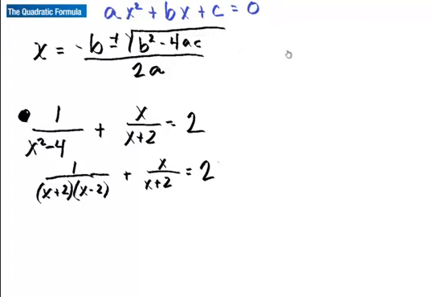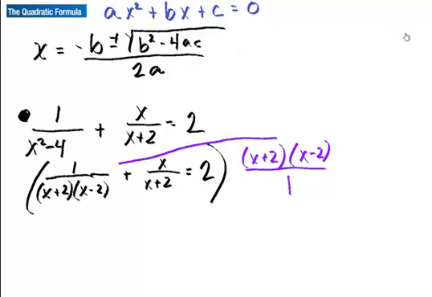So now I'm going to multiply everybody by the common denominator. That common denominator is going to be x plus 2 times x minus 2, all over 1. And I'm going to multiply everybody by this thing.